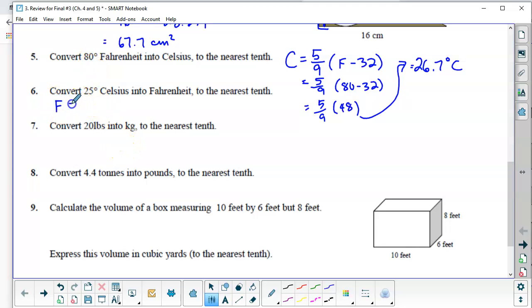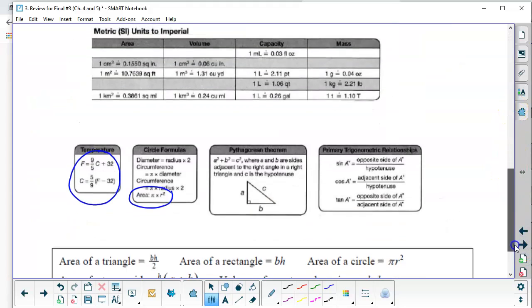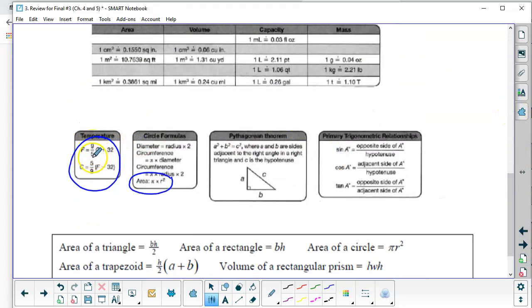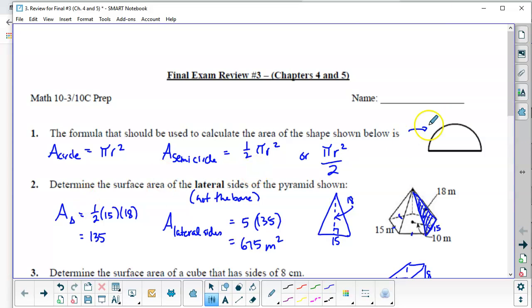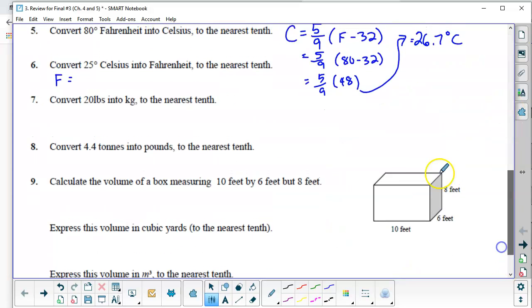So Fahrenheit equals, again, look at your back of the book. Fahrenheit equals 9/5 times Celsius plus 32. No brackets. So 9/5 times Celsius plus 32.